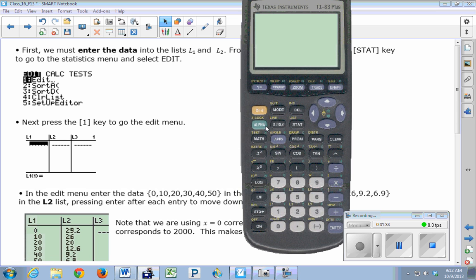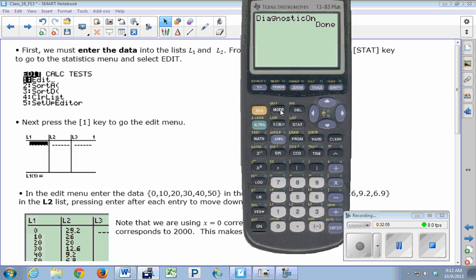You go to second, catalog, and unfortunately you do have to scroll all the way down until you see diagnostic on, which begins with D, thank God it's not a Z. You hit enter, and then enter again. When it says done, that means your diagnostic is on. That's the one thing you want to do before you start any regression equation or scatter plot. Okay, so we're done with that.